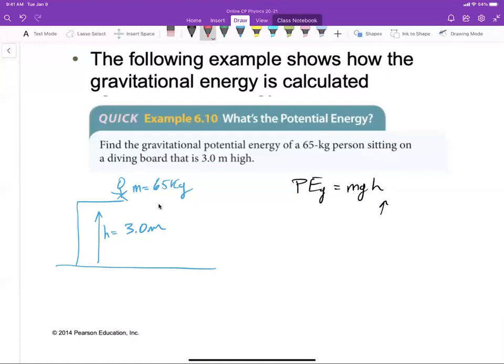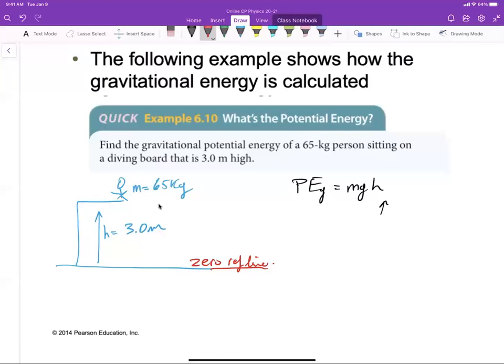So you first have to identify where your zero reference line is. In this class, we will basically always assume that the zero line is at the bottom of the problem or at the ground. But there is a potential for it to be below the zero line. And so anyway, there's the reference line.